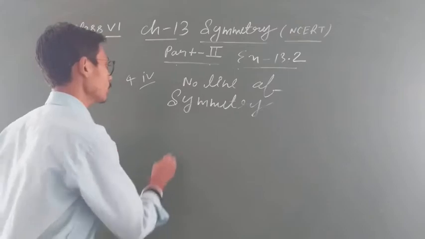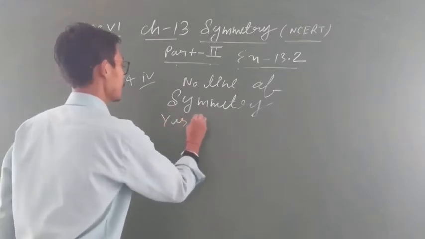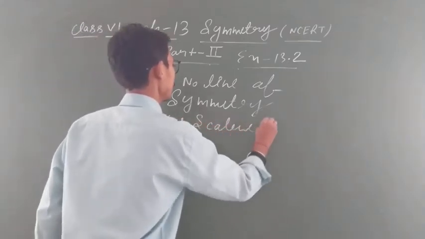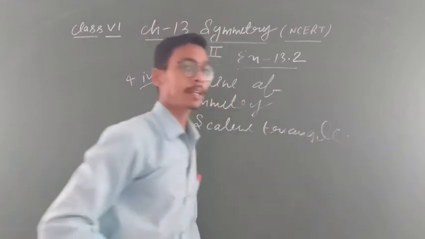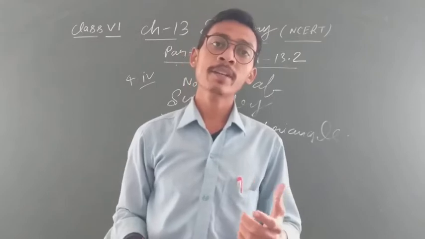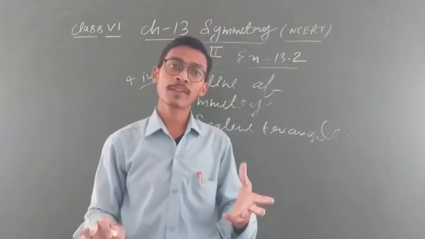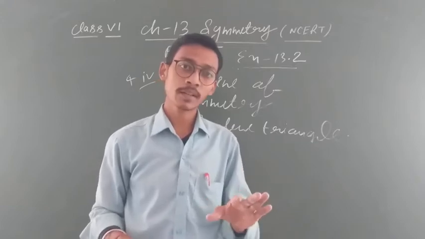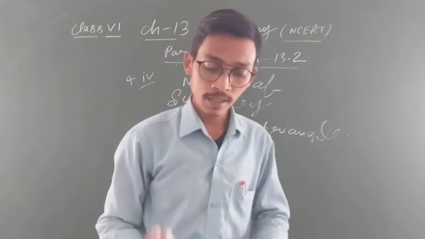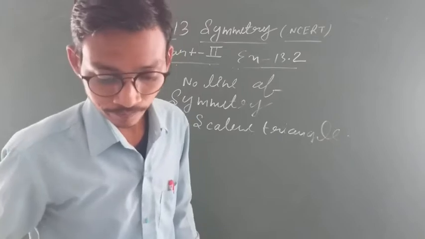So you will write down yes, scalene triangle. Because scalene triangle मतलब the triangle having all sides of different length. So if all sides are of different length, you cannot draw any line of symmetry. ठीक है ना? Simple, clear? So I explained this question.